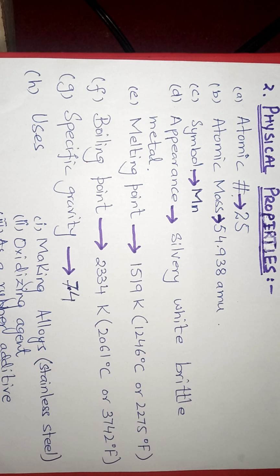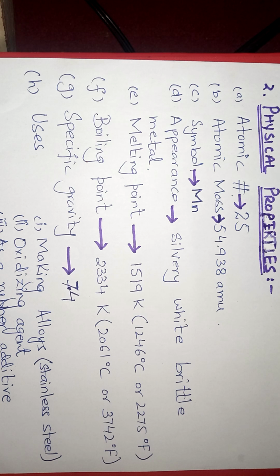Its melting point is 1519 Kelvin. Its boiling point is 2334 Kelvin. Its specific gravity is 7.4. It is used in making alloys, particularly in stainless steel, as it has an anti-corrosive nature.